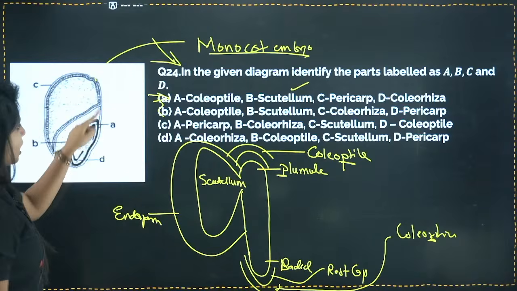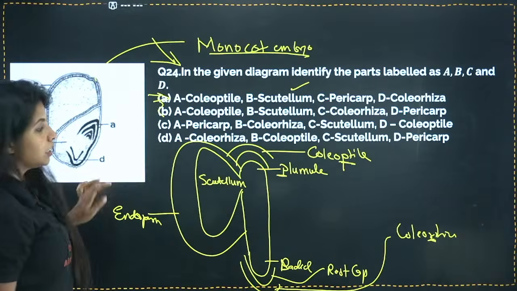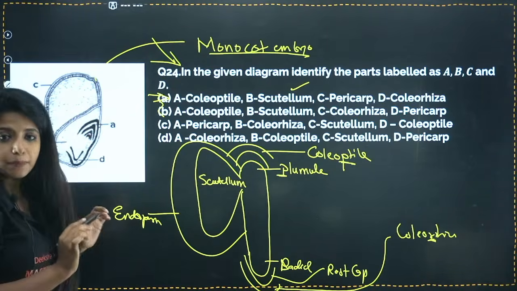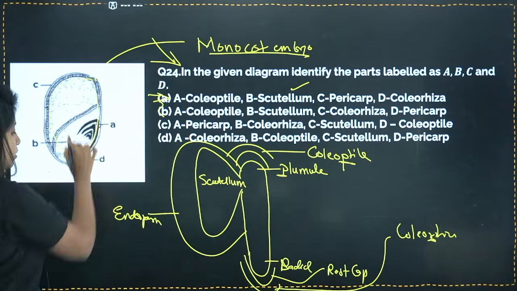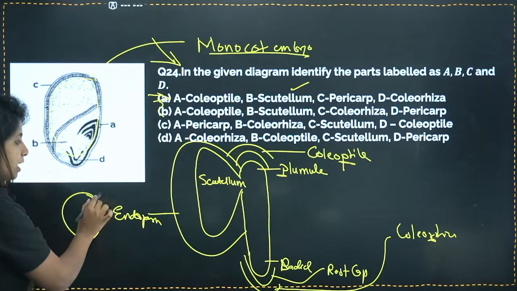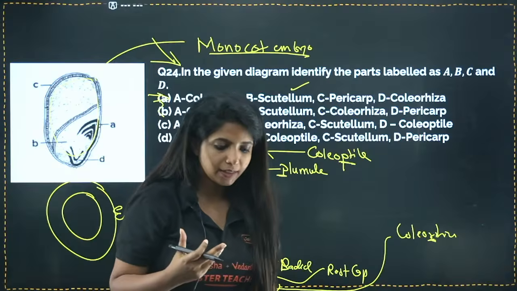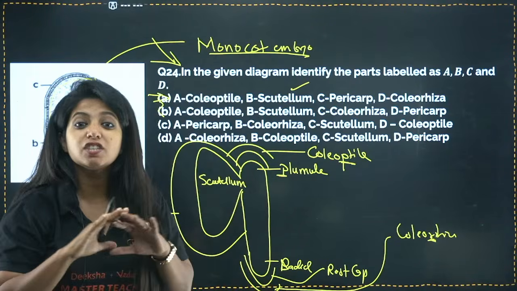Now C, what is C? The rest of the part is endosperm. But what is C? Everything here is happening inside the seed. So this whole thing is basically the seed, right? Now the seed, or the ovule, is covered by what? Ovary. Sometimes the ovary can be fleshy, for example in mango and things like that. Sometimes it is dry.